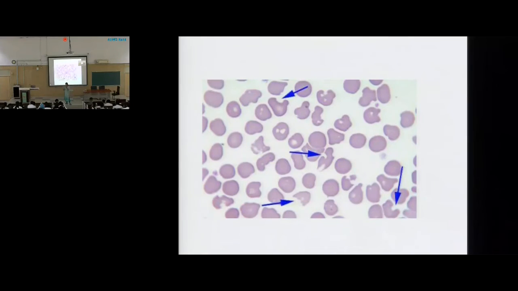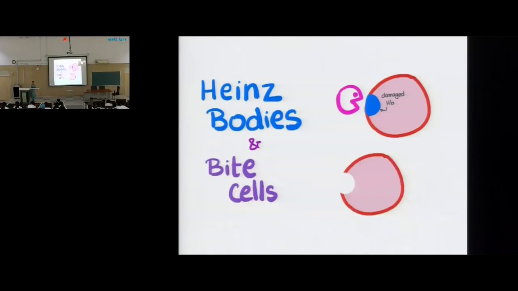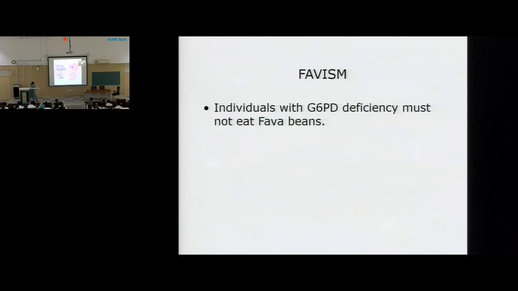These bite cells are more prone to hemolysis. So this is how Heinz bodies, that is denatured hemoglobin, are removed by macrophages in the spleen and bite cells form.